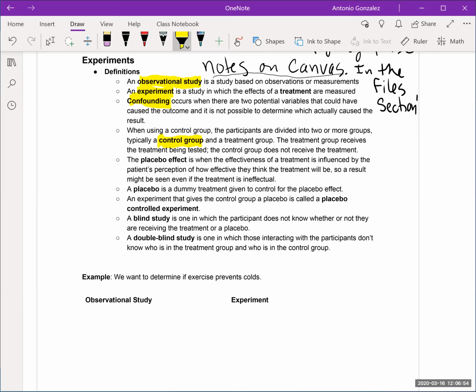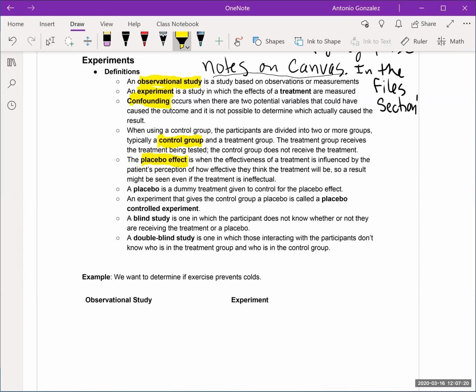Now, the reason this needs to be done is to counteract what is called the placebo effect. That is when the effectiveness of the treatment is influenced by the patient's perception of how effective they think the treatment will be. In other words, if you know you're taking medicine, sometimes your mind will trick itself into thinking you are feeling better.